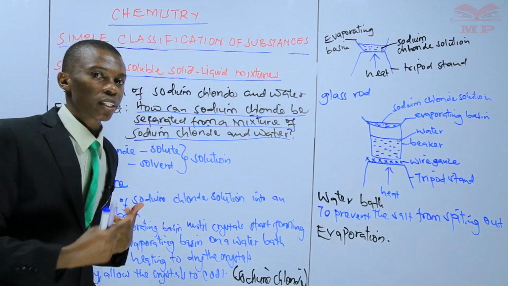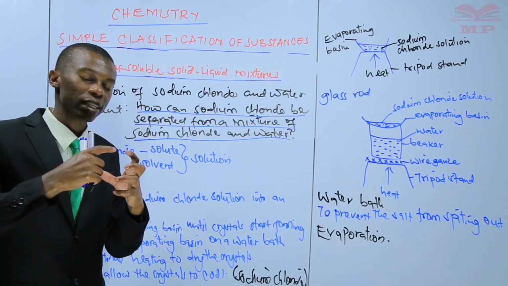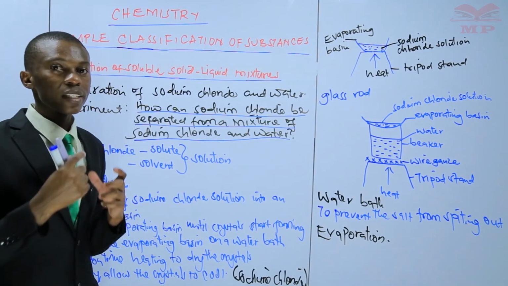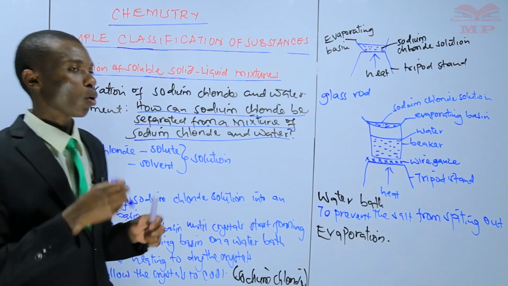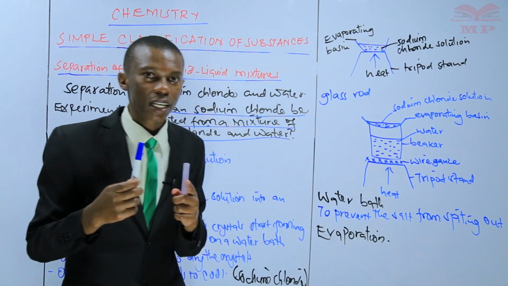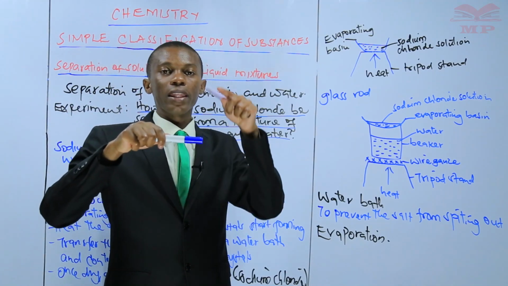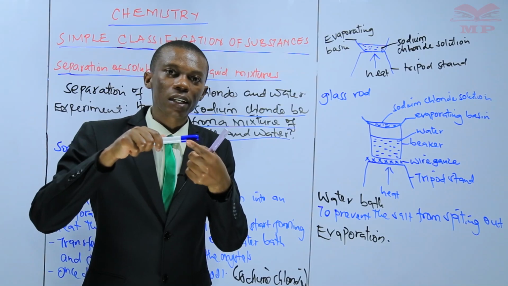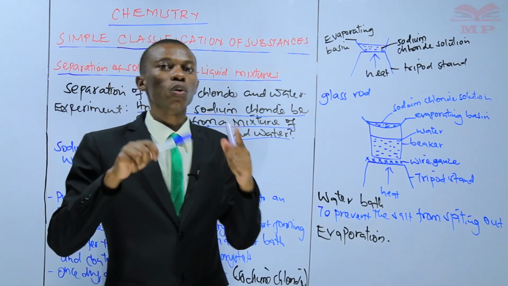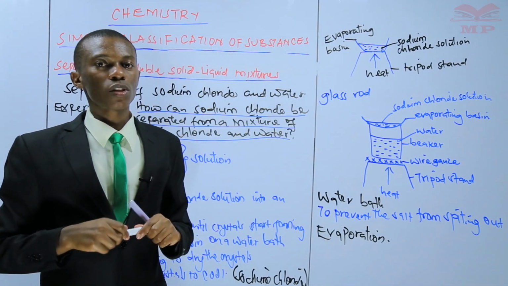But once the crystals start forming, and crystals are just solid particles of the salt, you can observe whether they have started forming by dipping a glass rod into the solution and holding it up in the air. The point you see some crystals forming on the glass rod, you will know that the solution has already started forming the crystals.